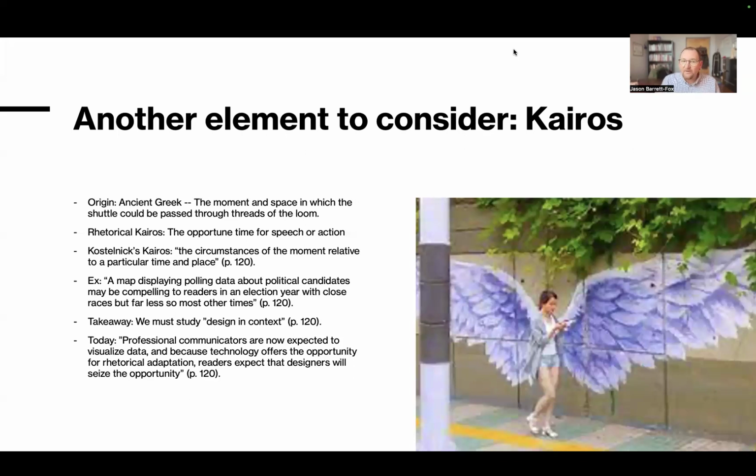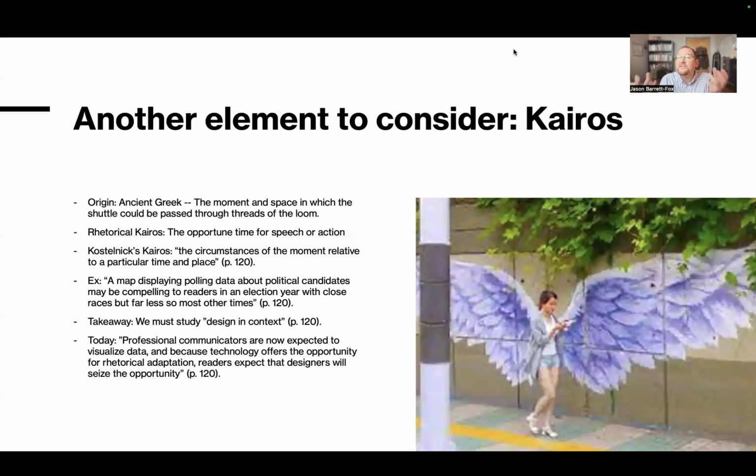So Kostelnik's kairos, and he gives us this on 120, is the circumstances of the moment relative to a particular place and time. And this is for him very specifically related to how we represent things visually, right? So he says a map displaying, say, polling data about political candidates might be super compelling to readers in an election year with close races, but it might not be compelling at all to readers in a year that's not an election year.